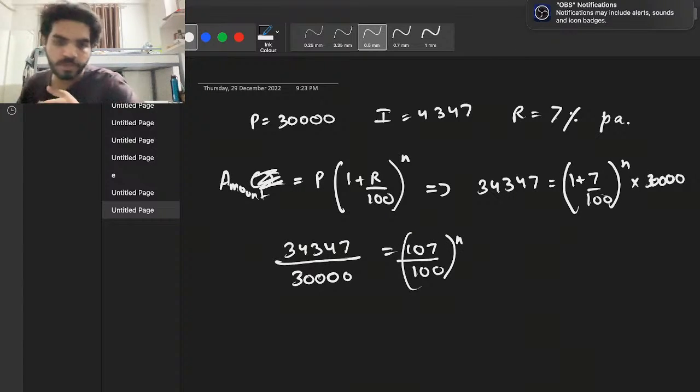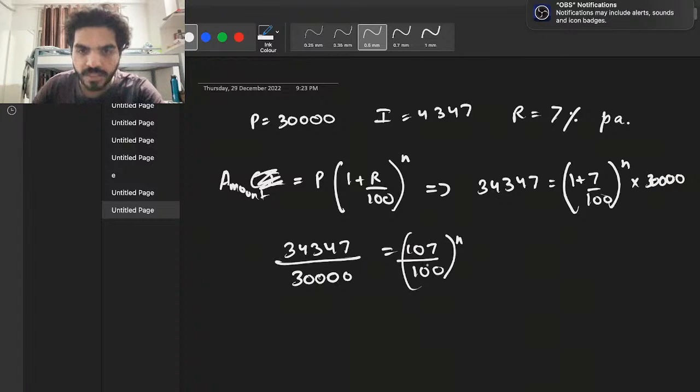Now to avoid calculation, we can see the denominator has to be some power of 100, because we cannot factor down 34347 at all. So the nearest power will be 100 to the power 2, that is 10,000. But on the left hand side, we have 30,000. So we will try to reduce it by dividing the left side by 3.